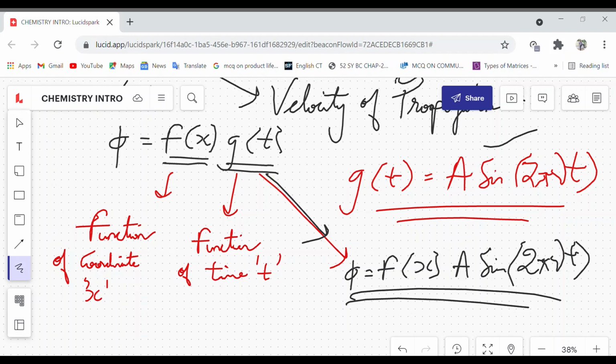Then if I want to differentiate this with respect to t, can I do that? Let's do some differentiation.